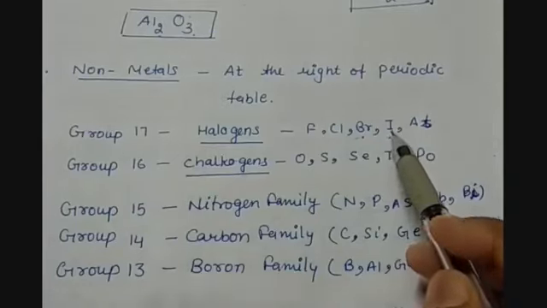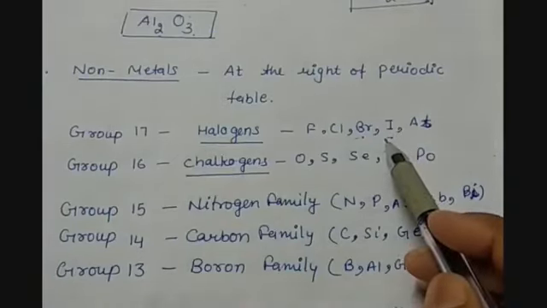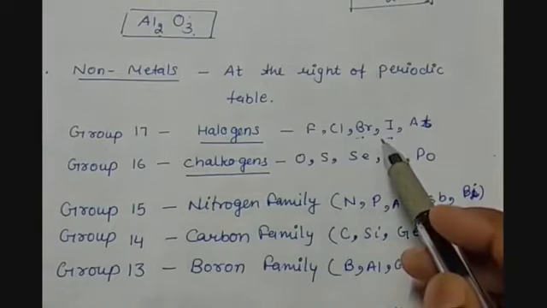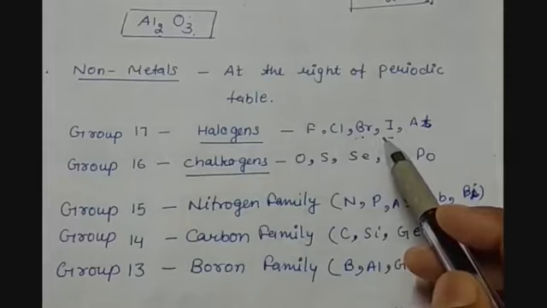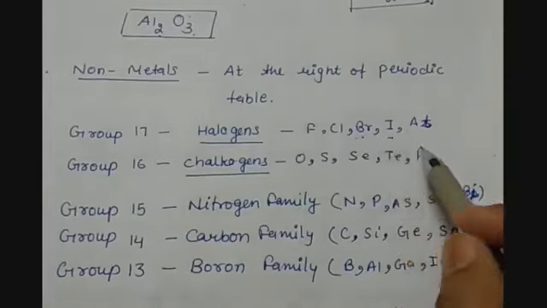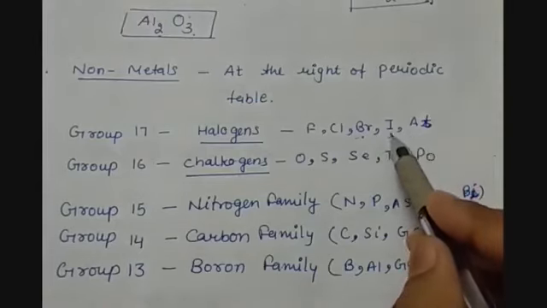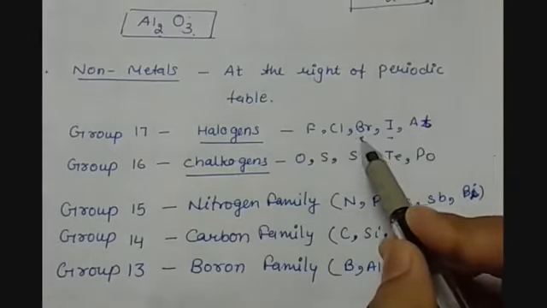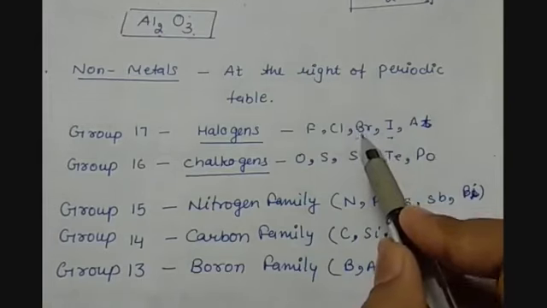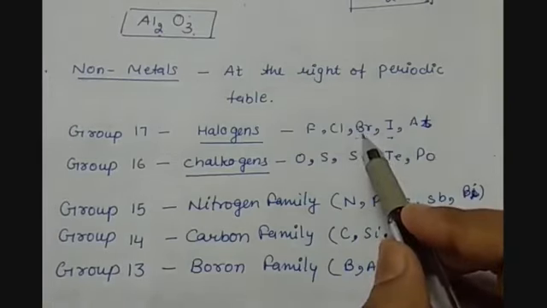Sublimation means when you heat up a material and without converting into liquid phase, it directly converts from solid to vapor phase. Then this is called sublimation. So this iodine undergoes the sublimation process, whereas bromine is the only liquid non-metal.